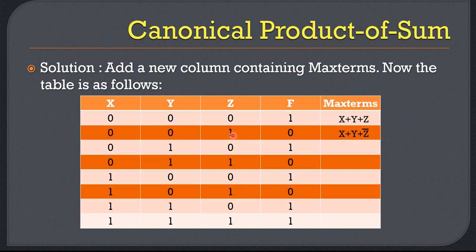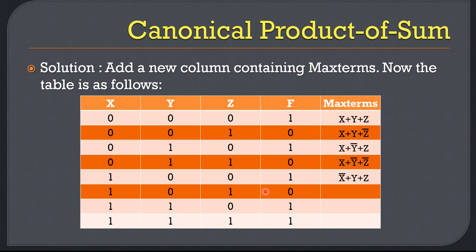If you got 1 here, you write the complemented version of the variable, that is z dash. For the third row, 0 1 0, you write x plus y dash plus z. For 0 1 1, you write x plus y dash plus z dash, and for 1 0 0, you write x dash plus y plus z.